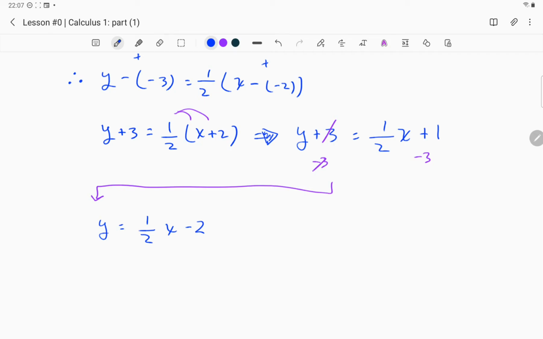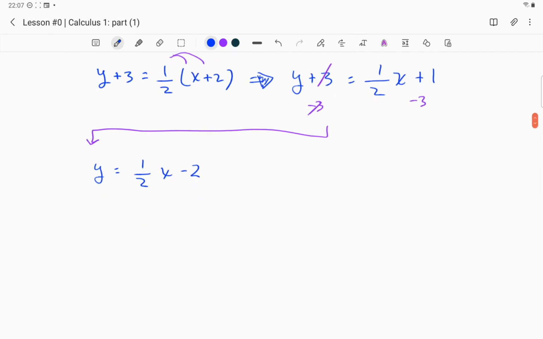Now, what does this resemble? That's the thing I want to ask you. What does this formula resemble? It resembles the equation y equals mx plus b. That's the fourth equation, and that's basically the slope intercept form.